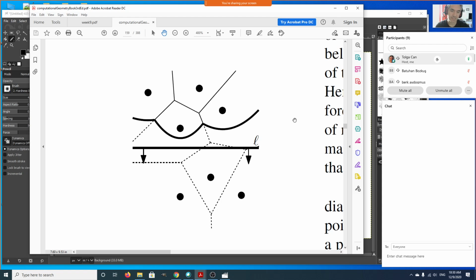above the sweep line. And one thing that is interesting is that this is an x-monotone beachfront, meaning that any vertical line intersects the beachfront at a single point. So it's like a curve that always moves to the right.